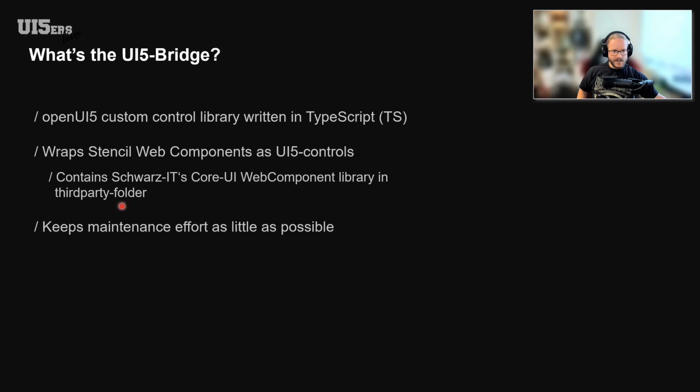Marcel already said a lot about what the bridge is. Basically it's a custom control library completely written in TypeScript in the meantime. In the beginning we started with, we'll come to that later. As Marcel said, we simply wrap these Stencil web components as UI5 controls during runtime.